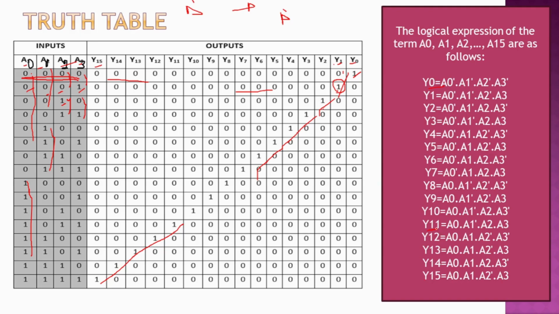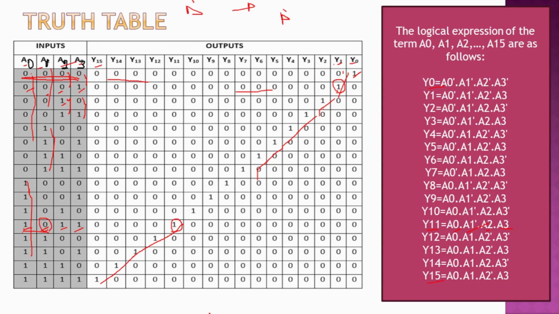Take Y11, for example. Y11 is equal to the high output value, that is 1, when A0 is equal to 1, A1 is equal to 0, A2 is equal to 1 and A3 is equal to 1. So A1 is written as A1 dash and the remaining input variables are written by the name itself: A0 because A0 is 1, A1 dash because A1 is 0, and A2 is 1, A3 is 1.